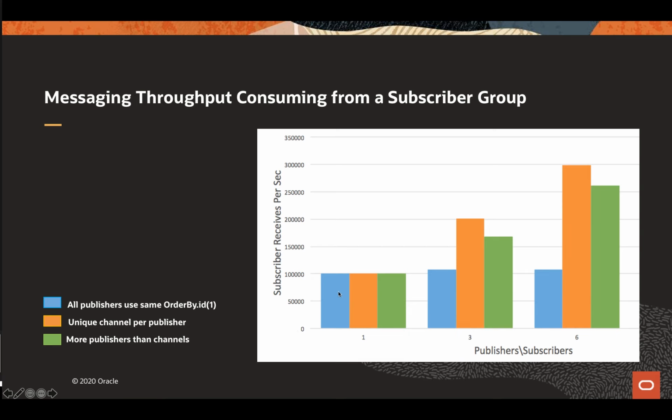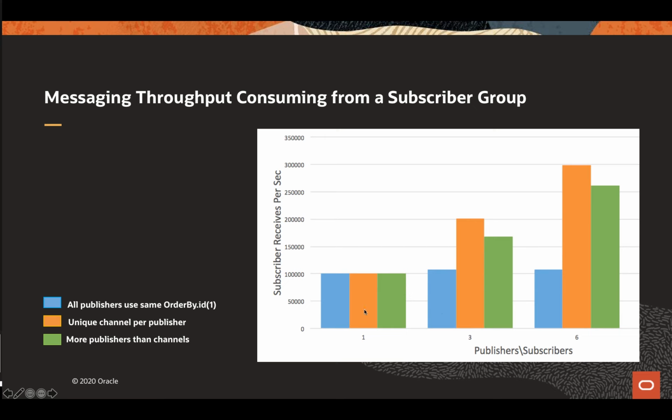Notice when all the publishers are using the same ID and all the messages are serialized, no matter how many subscribers we throw at it, we can't improve throughput, because to preserve the constraint of ordering, everything gets slowed down.